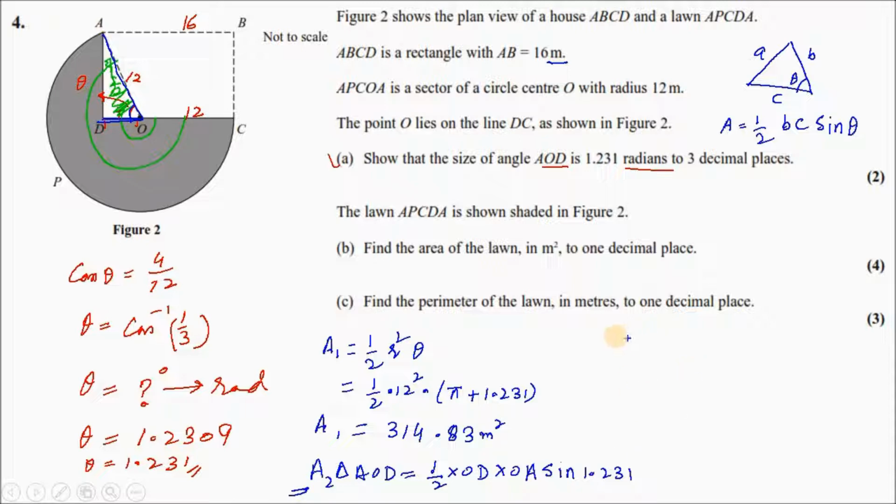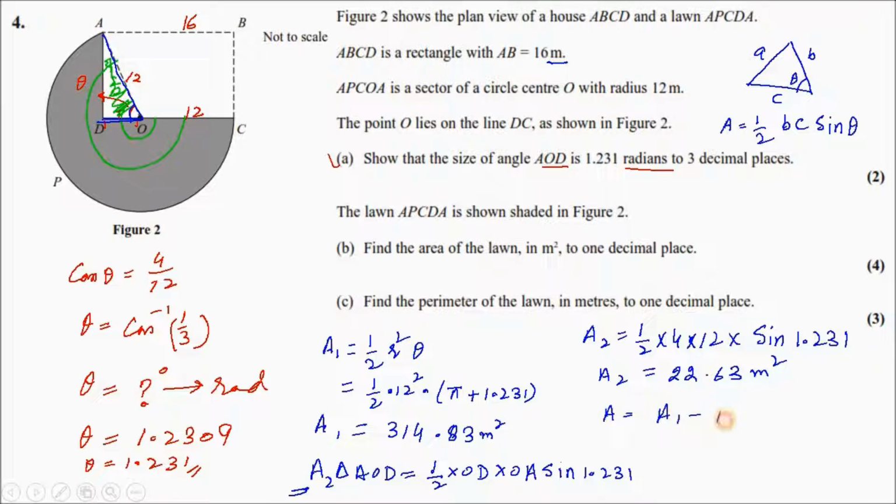So you can say that A2 will be equal to half of 4 into 12 into sine of 1.231. So A2 will be equal to 22.63 meter squared. Finally, the area of the shaded region A is A1 minus A2.